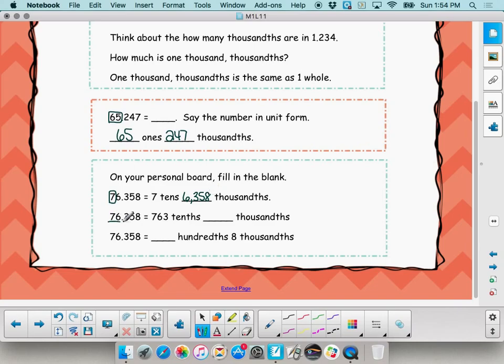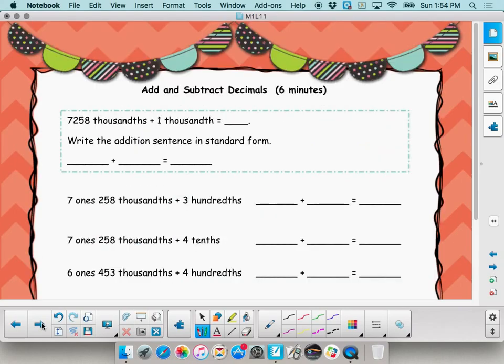Take out the tenths, and you'll have 763 tenths and 58 thousandths left. Take out the hundredths, you have 7,635 hundredths and 8 thousandths.